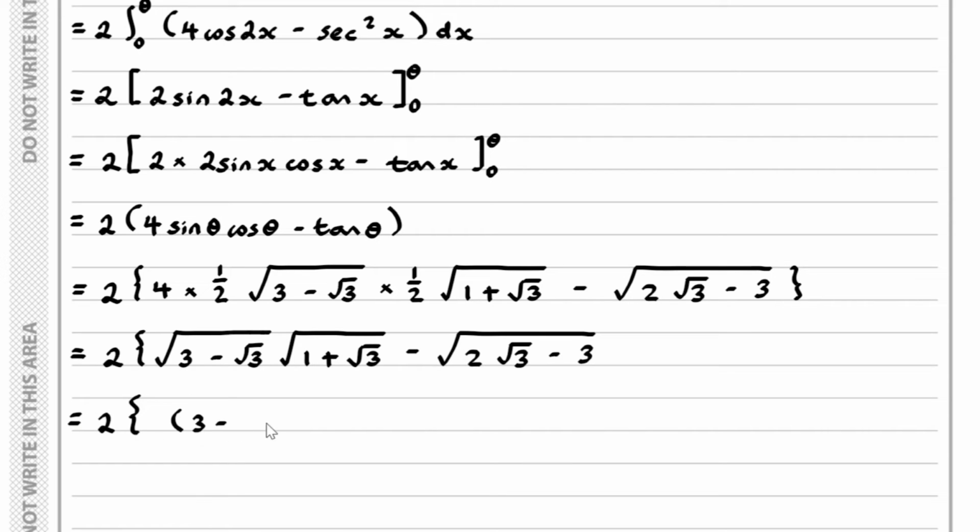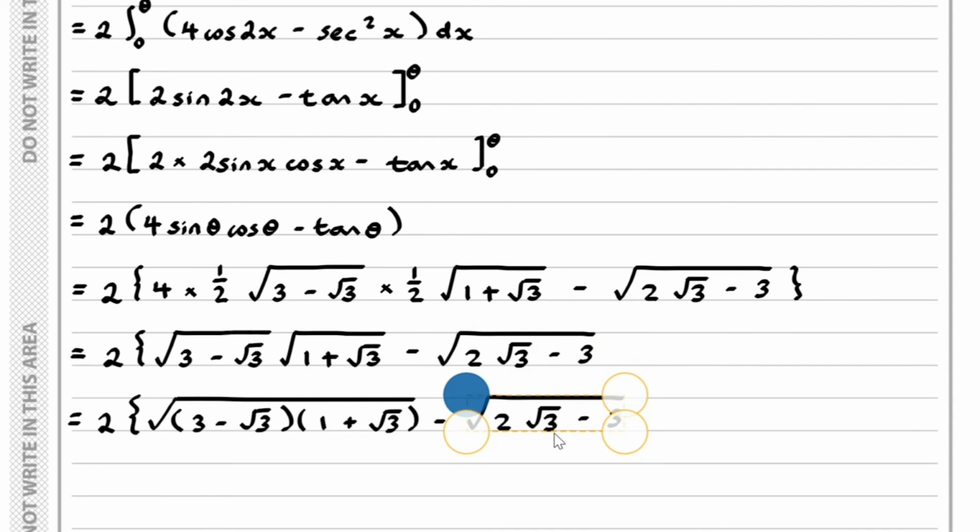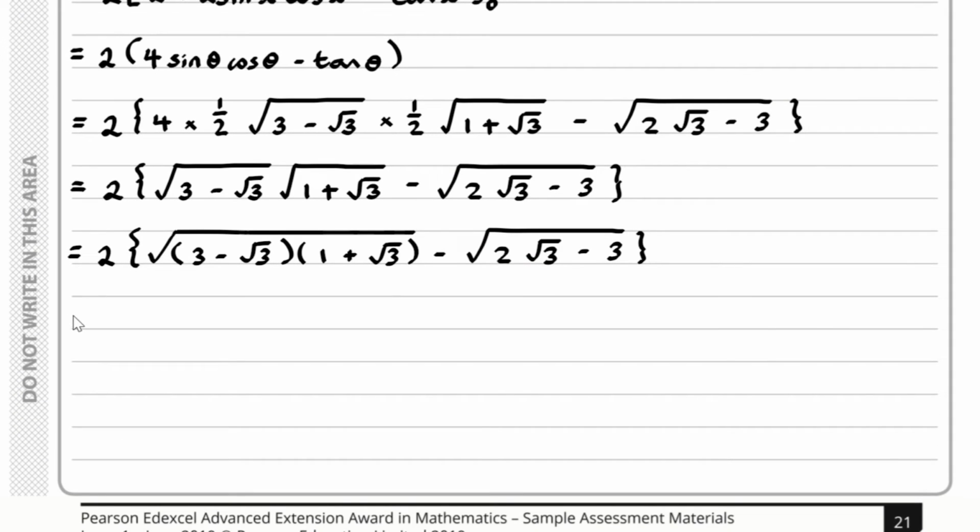I would have 3 minus root 3 multiplied by 1 plus root 3, and then all of this is square rooted, subtract this. Here I've got 3, and then 3 root 3 minus root 3, and then minus 3. So that simplifies to 2 root 3, all square rooted.